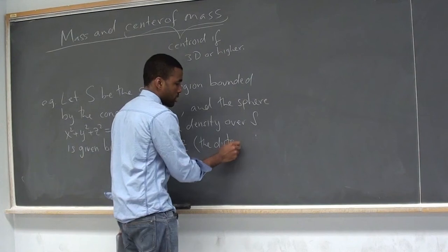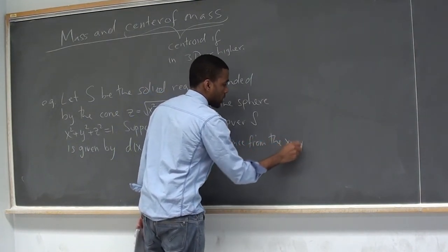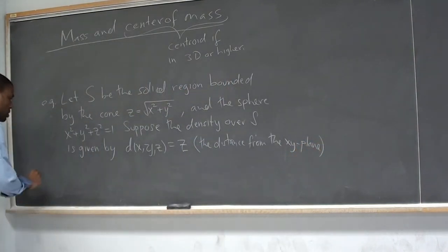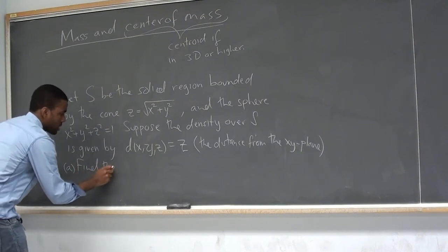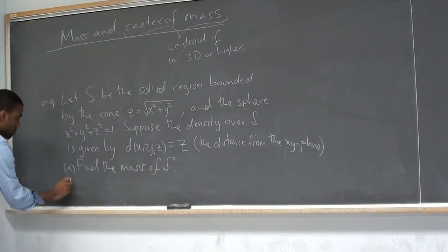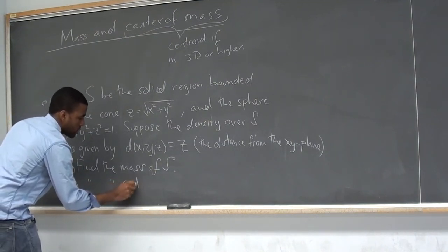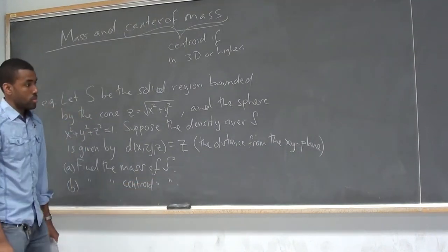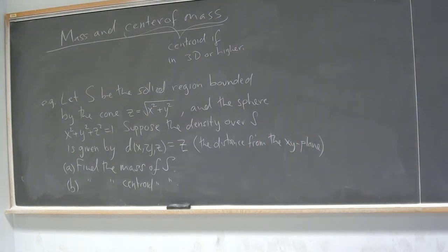It would mean the same thing. And then a question could be: A, find the mass of S, and B, find the centroid. So you might have a problem looking like that.